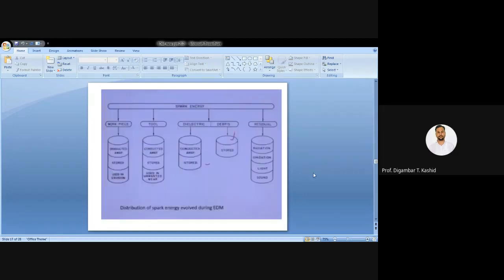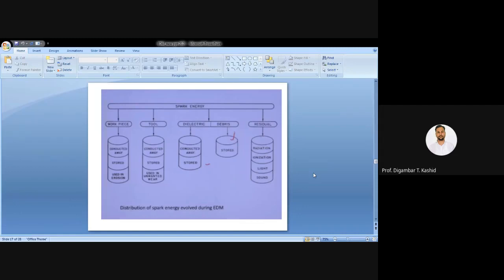Now you can see, whatever heat is there is generated because of this spark, correct, and how that heat is distributed, we will see. Some amount of heat goes through the workpiece and is conducted away.